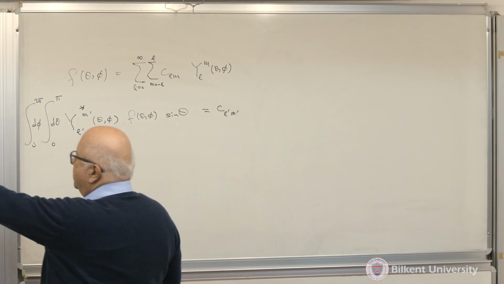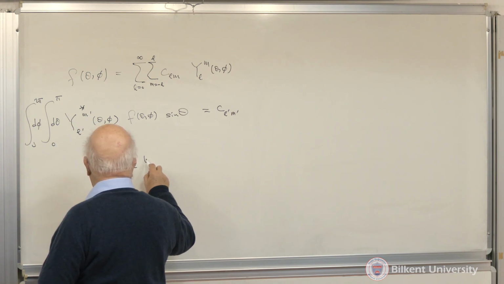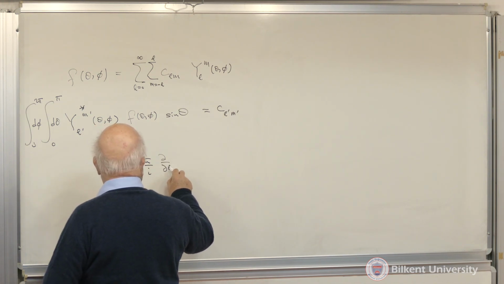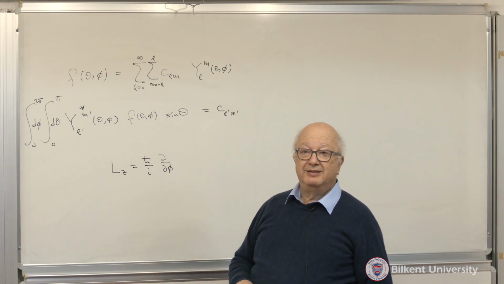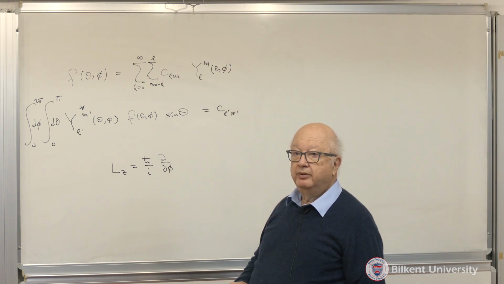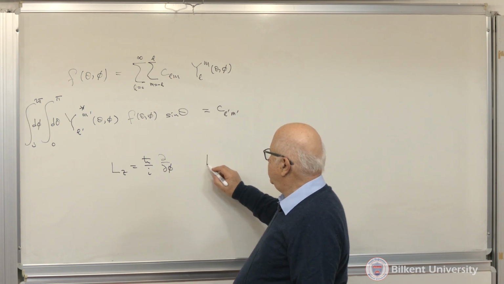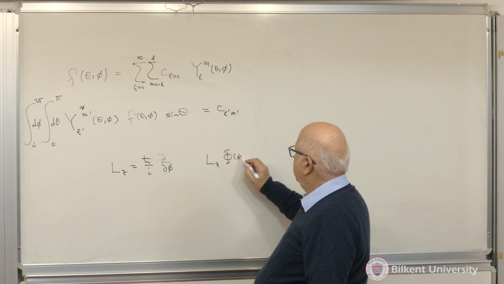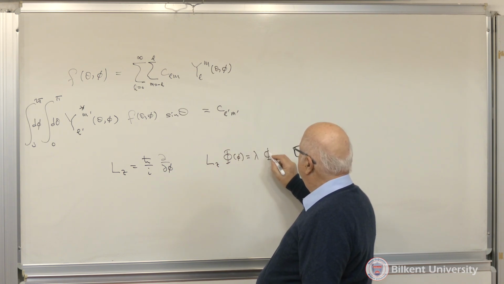For example, remember that I have Lz equal to h bar over i times the derivative with respect to phi. So if I'm looking for eigenfunctions of Lz, what am I going to get? Lz operating on some function of phi is equal to some eigenvalue times phi of phi.